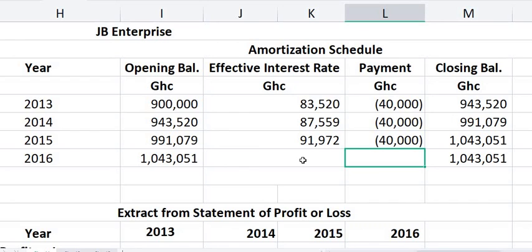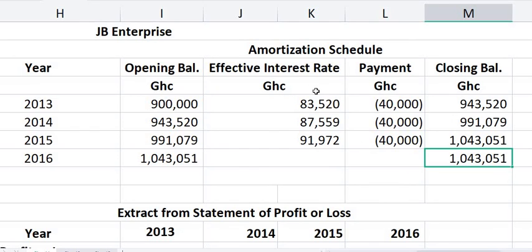Then here, when we get here, we are to take note of something. Since the entity is redeeming the financial liability, we shouldn't have any closing balance of the financial liability at the end of 2016. So we have to find a way to make this place zero. But normally it's not zero because of certain discrepancies, especially relating to the effective interest rate.